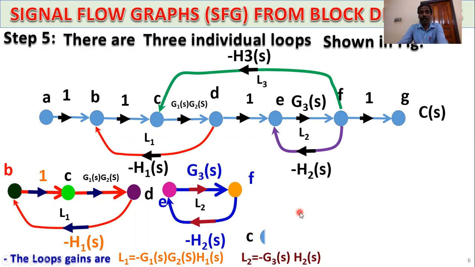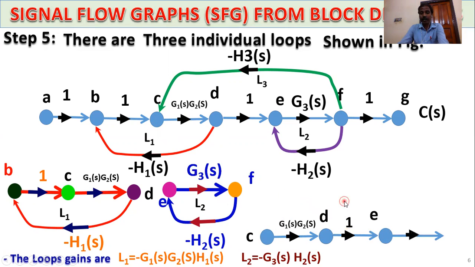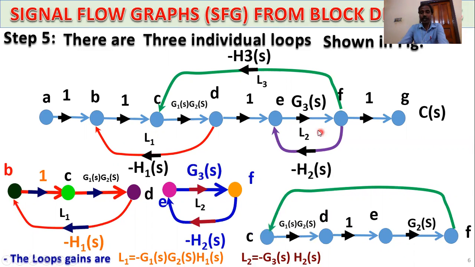And the last and final loop, L3, starting from the C point. So C to D, G1(s), G2(s), then D to E, gain 1, and E to F, G3, and F to C, minus H3(s).